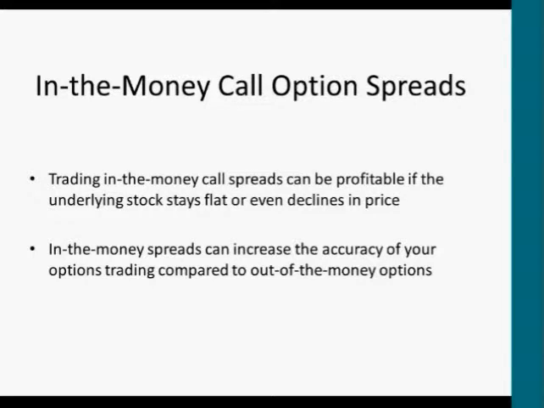For example, today in my advisory service, we rolled over an Apple call option spread that we had, and it was doing well, so we rolled it over to the 550 and 570 strike call.